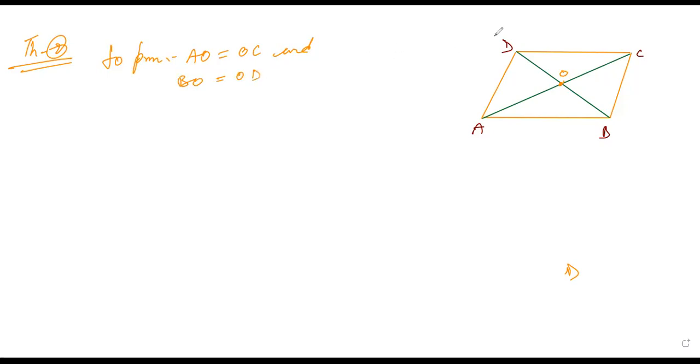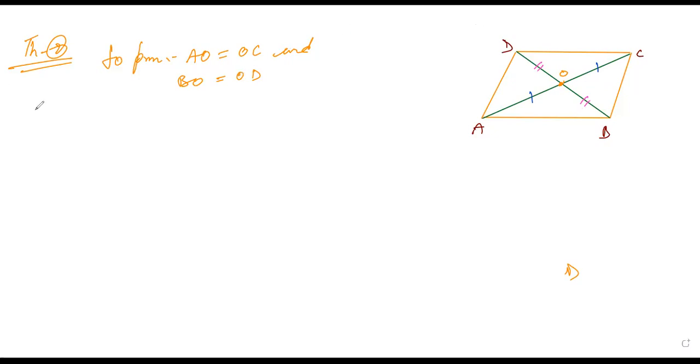So these two things we are going to prove, that the diagonals bisect each other. So over here, this side will be equal to this one, and this portion will be equal to this portion. So how are we going to prove that? Let's see and understand this one.